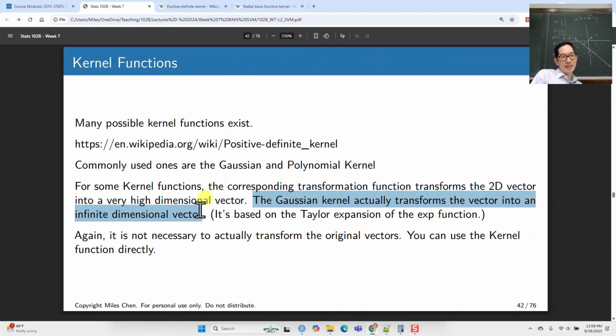And it's based on the Taylor expansion of the exponential function, right? That's a famous expansion that technically goes on to infinity. Usually you just stop after the first 4 terms or something, but technically it goes to infinity. And the thing is you don't actually need to transform those vectors directly. You can just use the kernel function directly and get the same kind of results.